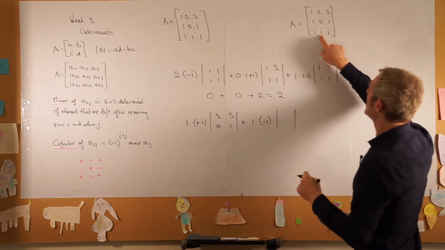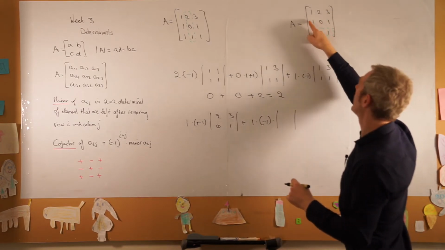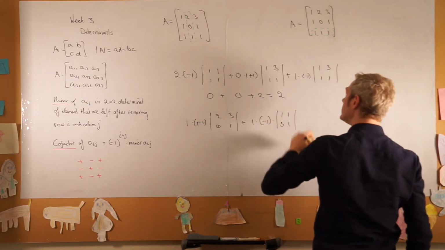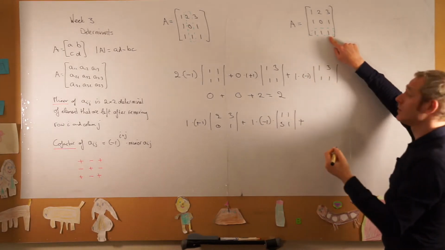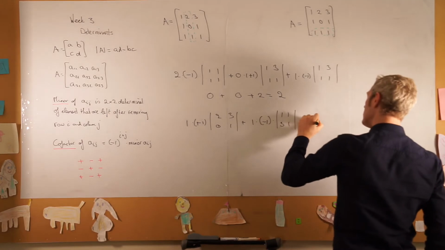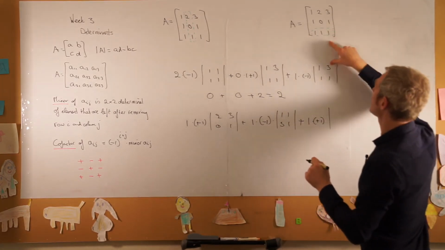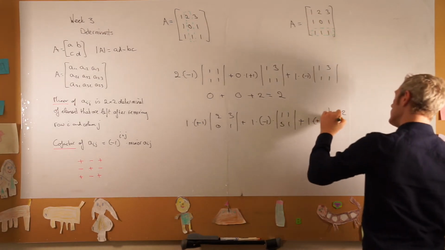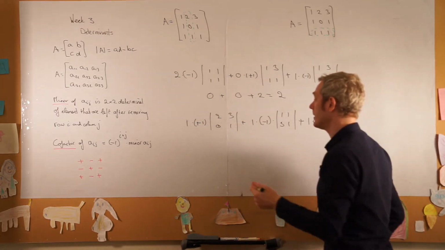And we take the third row, and now we remove the second column, so we have 1, 1, 3, 1. Plus the third element, which is also 1, and its sign is a plus times plus 1 times, well, we remove the third row, third column, and we're left with 1, 2, 1, 0. And well, let's calculate this.